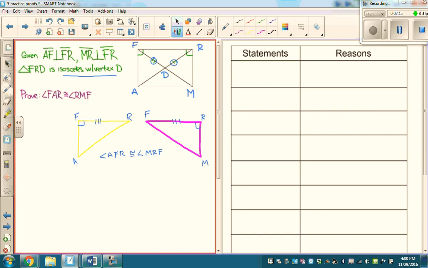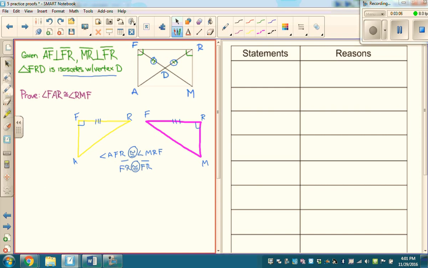And I'm also going to use that FR is congruent to itself. So I have two things, but I need a third. And it turns out the third thing is going to come from the isosceles triangle.